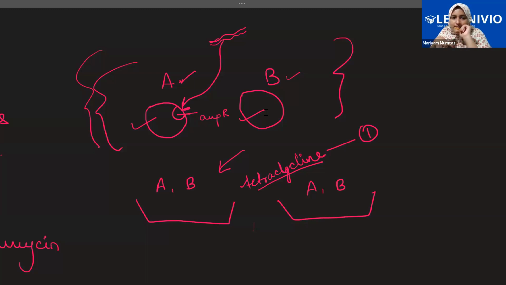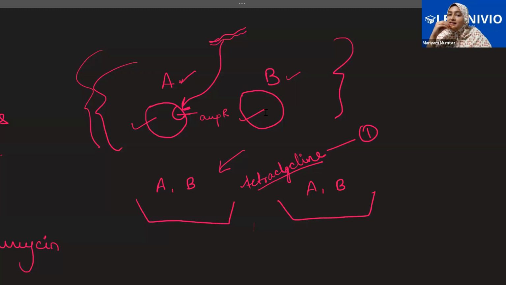Yes. How? Tell me how. You have to tell me how. Because A is not resistant to tetra, A will be affected and B won't be affected. But why? I am not putting ampicillin here. No, I am putting tetracycline.